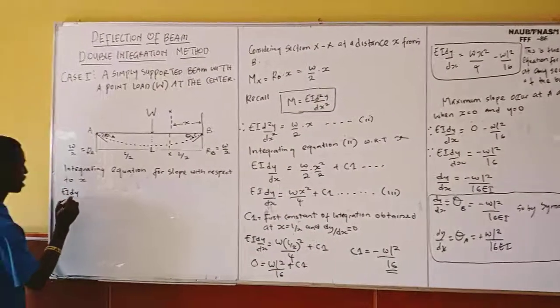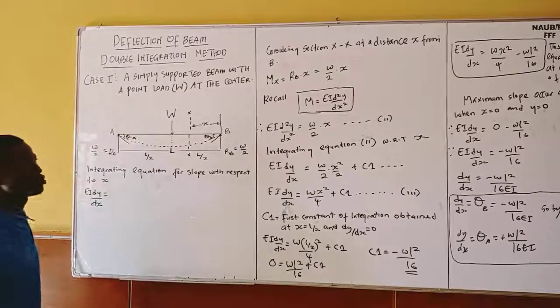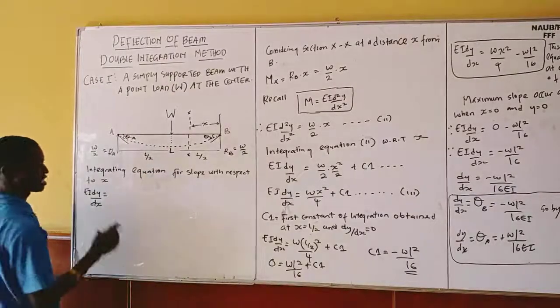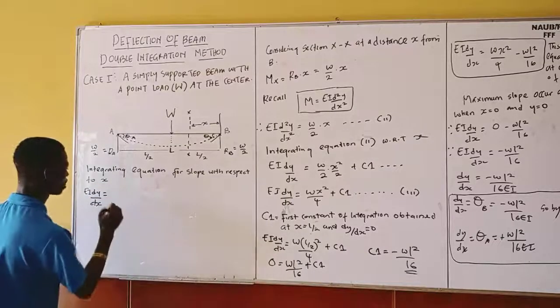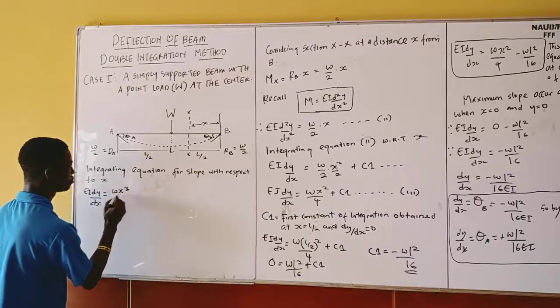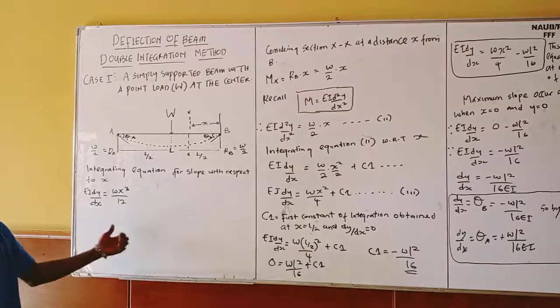EI dy over dx equals, when you integrate wx squared over 4, you know that our power there is square. We are going to add 1 to it, then divide by the new power. Then we are going to have wx cubed over 12, because 3 times 4 is going to give us 12.